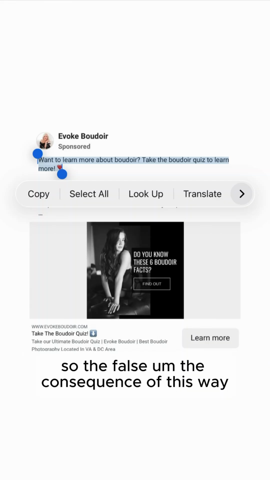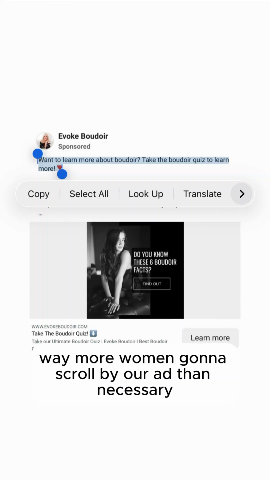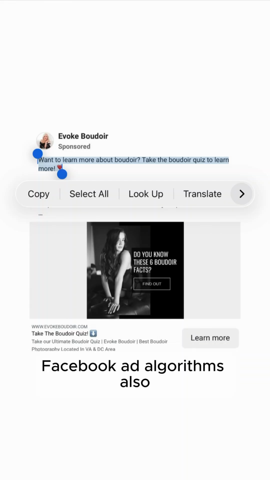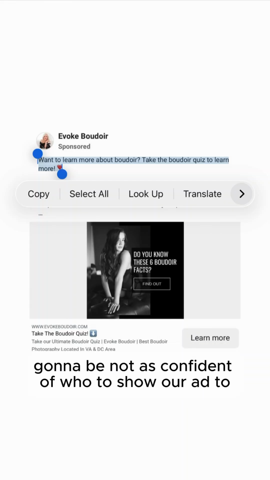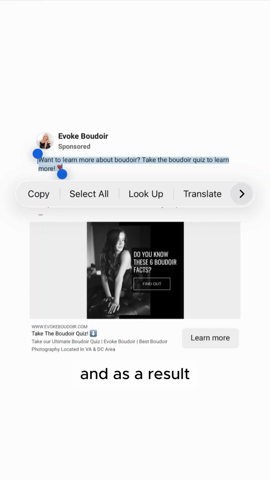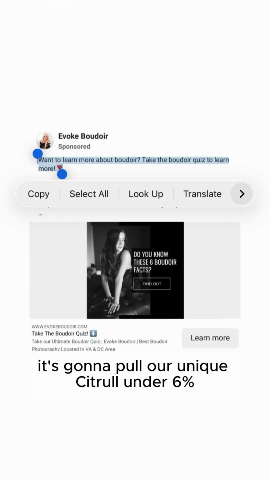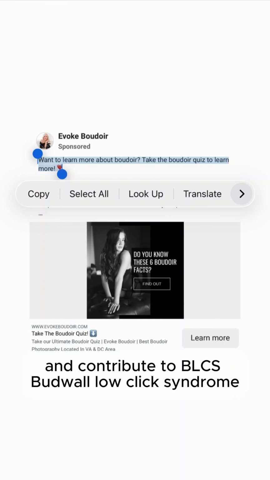So the consequence of this, way more women are going to scroll by our ad than necessary. Facebook ad algorithms also going to be not as confident of who to show our ad to. And as a result, it's going to pull our unique CTRL under 6% and contribute to BLCS, Boudoir low click syndrome.